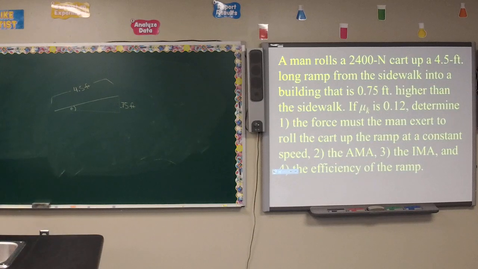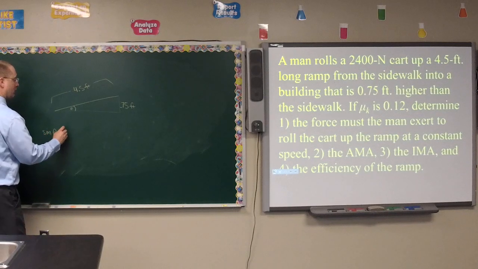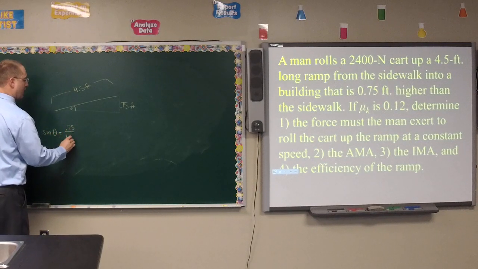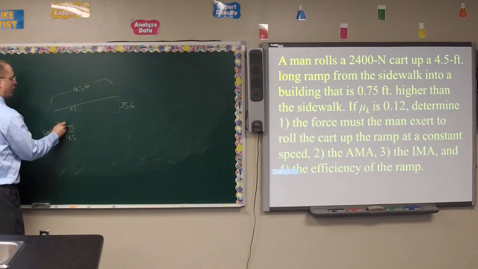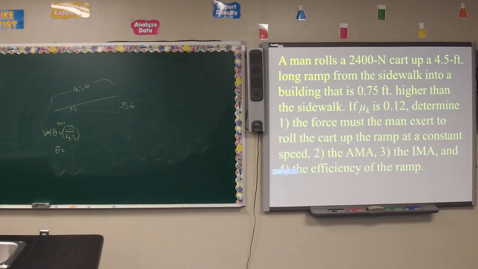What trig function allows me to find the angle? The sine, or specifically the arc sine, right? Because we know that the sine of any angle is the opposite over the hypotenuse, but we're going to take the arc sine of that to find the angle. Once you get it, I would put it in the memory of your calculator.